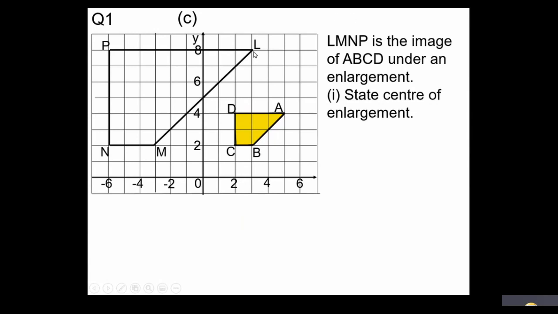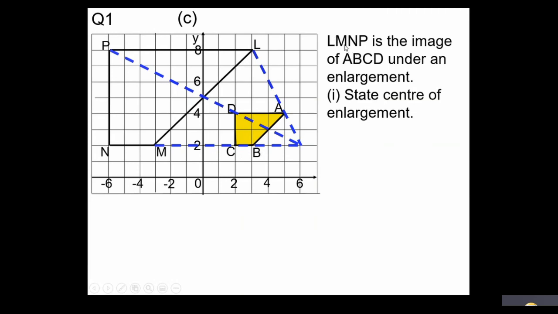You see, this point corresponds to this point, right? How to know this point goes with this point? You just have to see this: A is with L, B with M, C with N, D with P. So you draw a line, and do the rest for all. D with P, right? Draw a line. Then M with B, right?